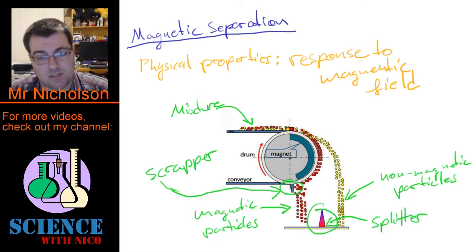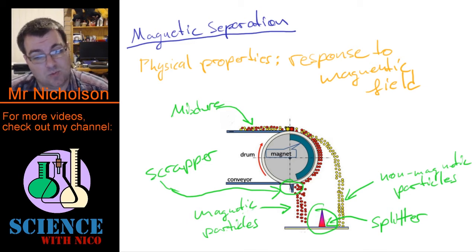Then it's really just as simple as having a scraper to remove the magnetic particles that are held onto the belt by the magnet as it passes along the drum, and a physical wall known as a splitter, which is simply a physical divider that is used to separate the two streams of particles, so you can control the grade of what you're separating.